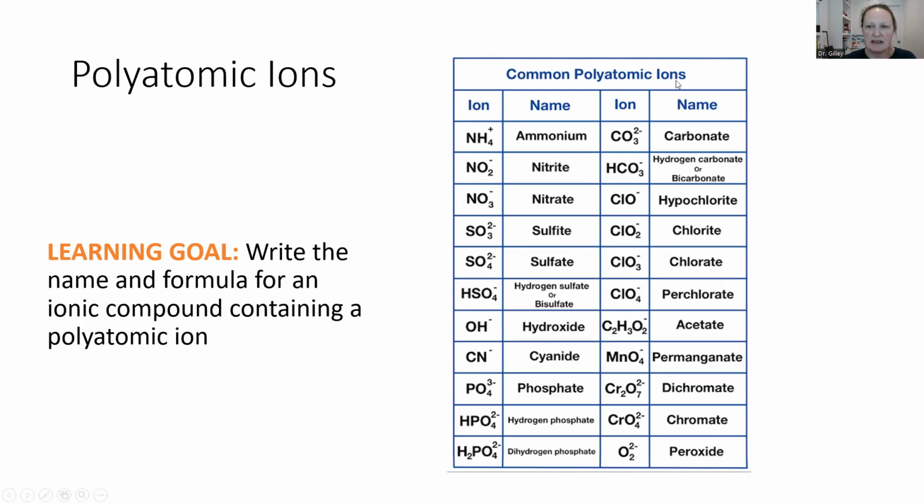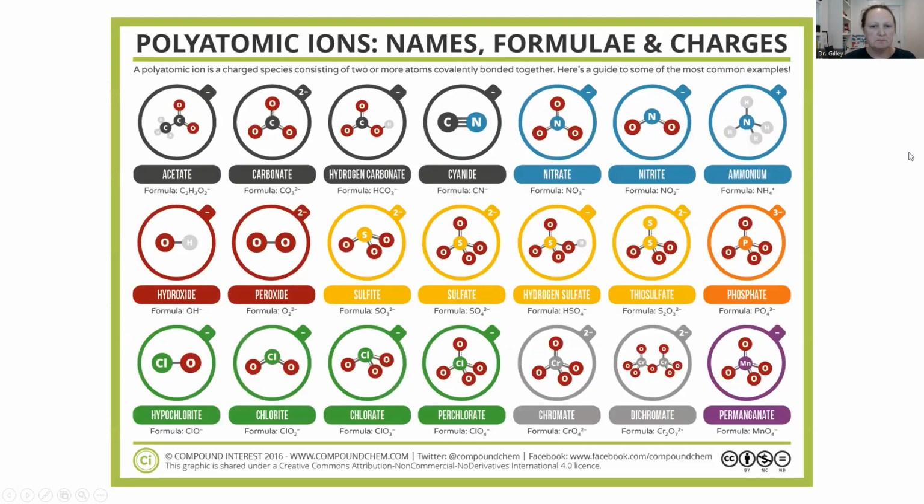They're ions, meaning that they're charged, but they're made up of poly, which means many, atomic, so many atoms, right? So notice that it's not just one atom that has a negative charge, right? It's a group of atoms that have a negative charge. And so here's some formulas and names for some of those.